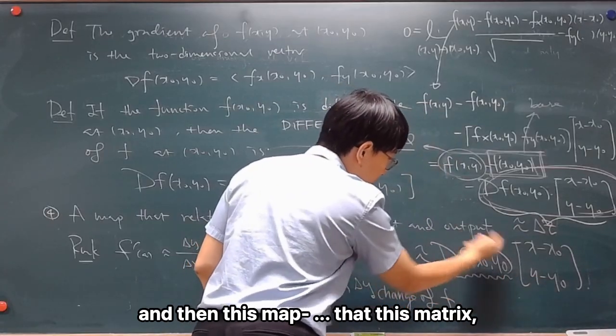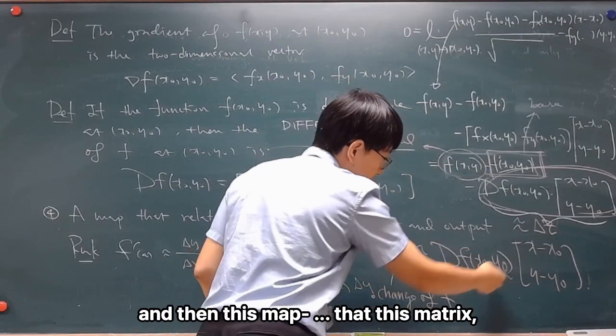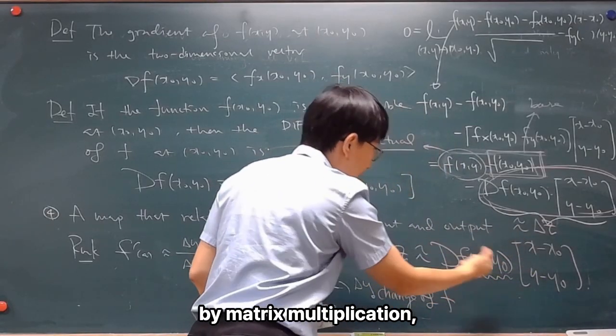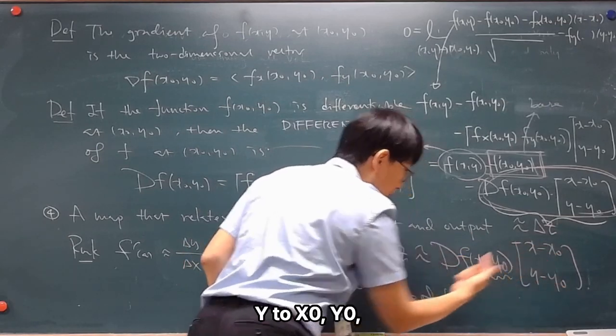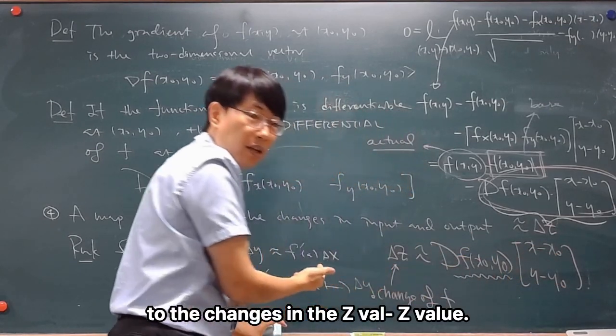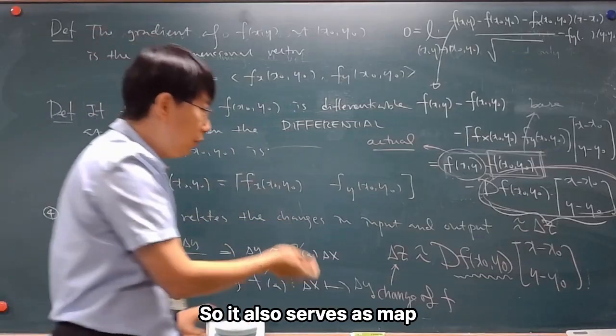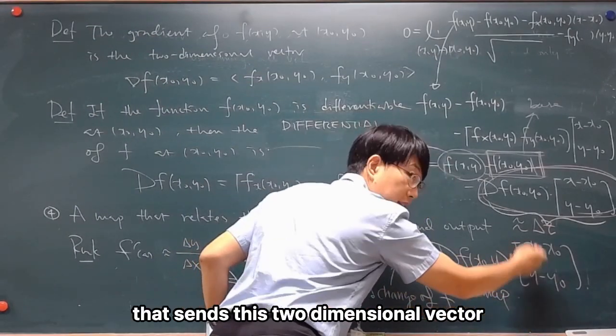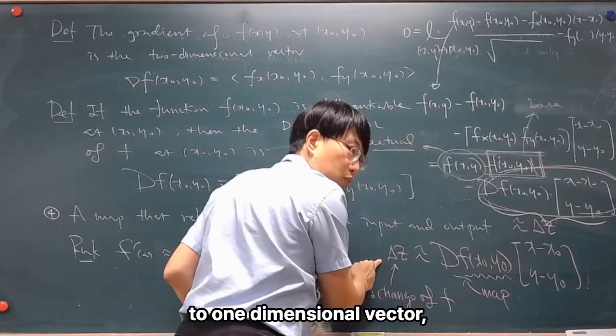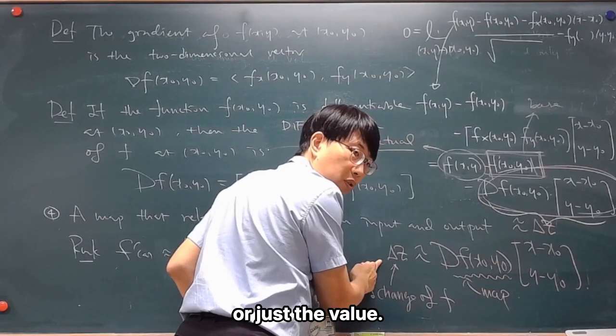And then this map, this matrix, by matrix multiplication, maps these changes in input from x, y to x0, y0 to the changes in the z value. So it also serves as a map that sends this two-dimensional vector to a one-dimensional vector, or just the value.